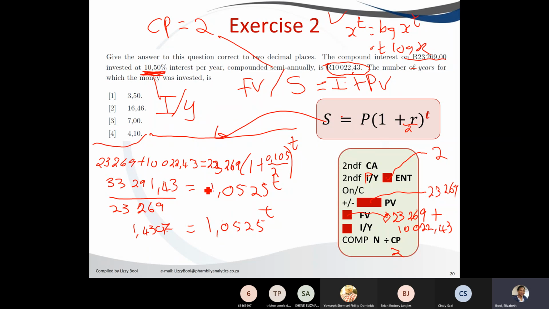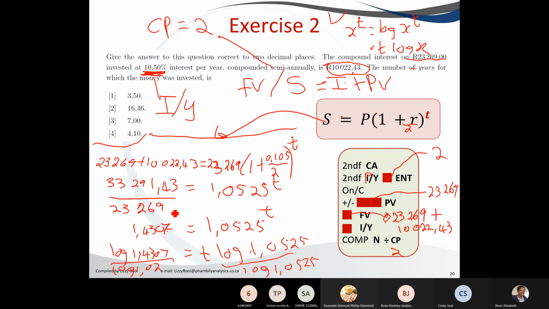So we're just going to take the log, which will be t times the log of 1.0525 this side, and what we do on the right, we must do on the left, 1.4307. So if we divide this side by the log of 1.0525, and we also divide this side by the log of 1.0525. Can you calculate that for me?